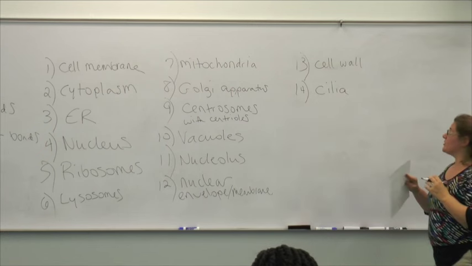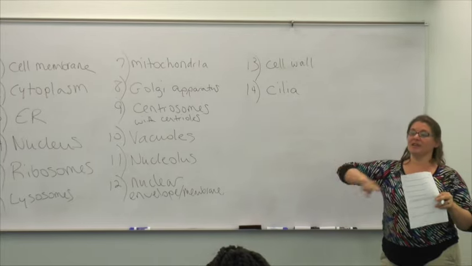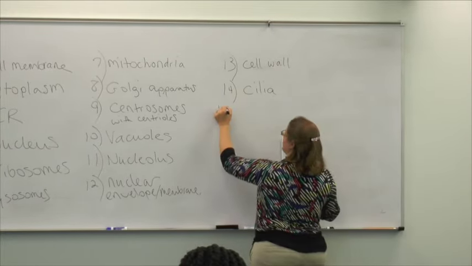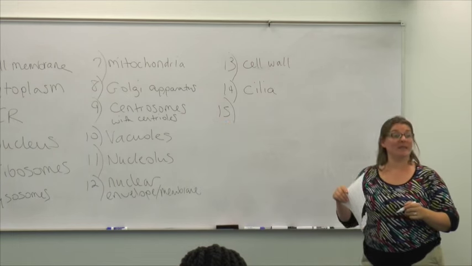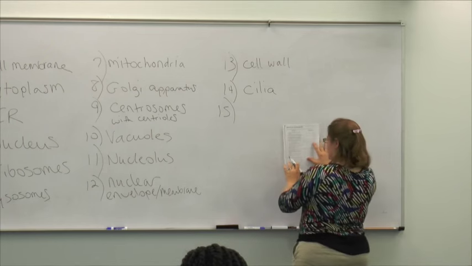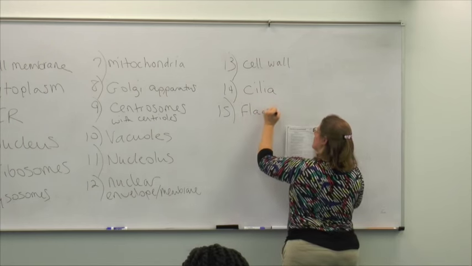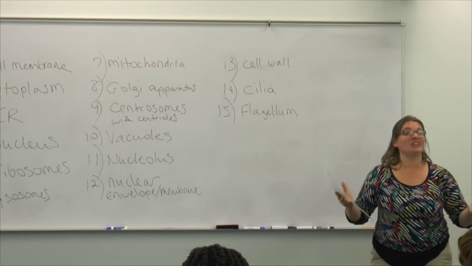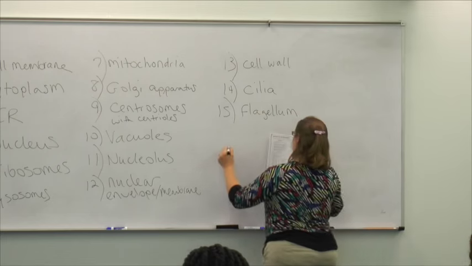In us, we have it in our lungs. In organisms like paramecium, it surrounds the exterior of the cell. Okay, cilia. Number 15, a long hair-like structure used for movement. Flagellum. This is the singular form of the word, flagellum. The plural form is flagella.